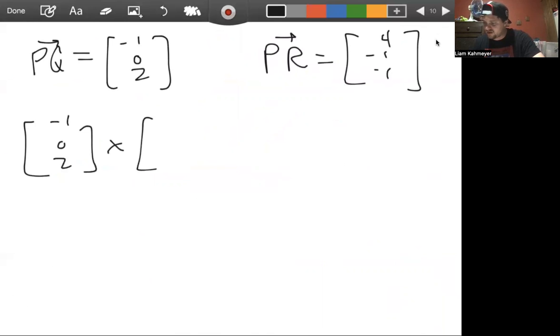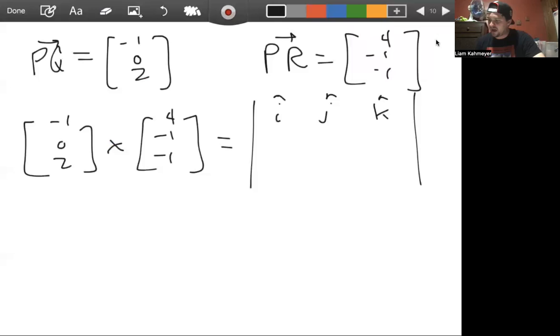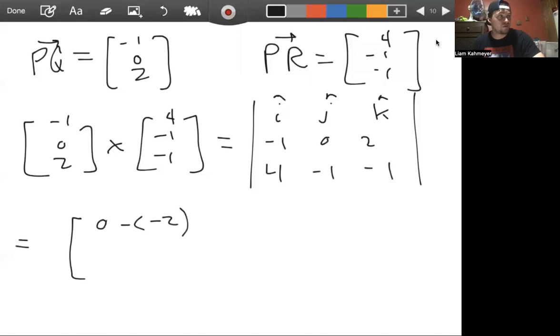So we need -1, 0, 2 cross 4, -1, -1, which is going to be the determinant of the 3 by 3 matrix i hat, j hat, k hat, -1, 0, 2, 4, -1, -1, which is 0 minus -2 for the first component.